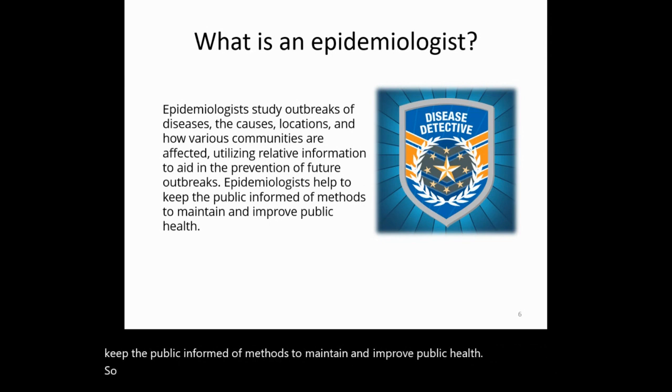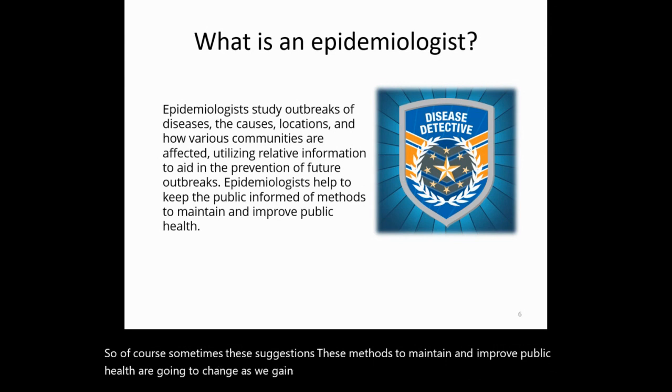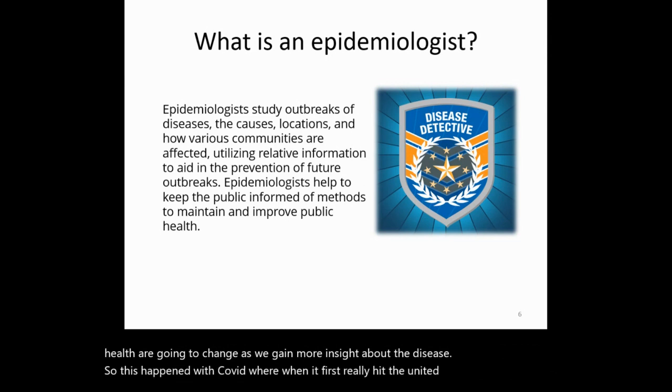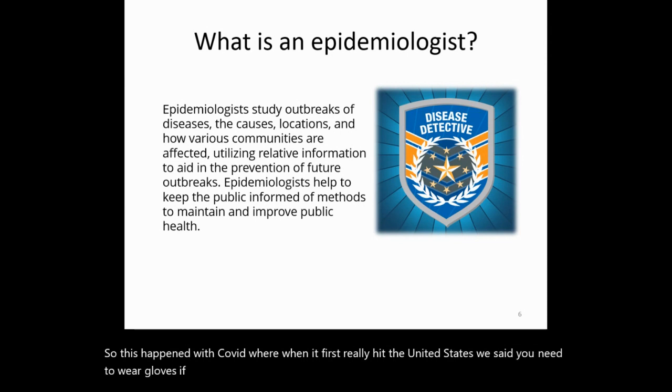So of course, sometimes these suggestions, these methods to maintain and improve public health, are going to change as we gain more insight about the disease. So this happened with COVID, where when it first really hit the United States, we said, you know, you need to wear gloves if you're out in public, you need to wear a mask. You know, there's this long list of things that we couldn't do, right?